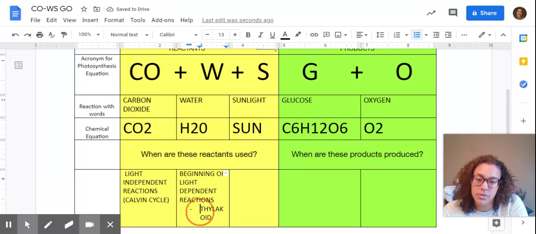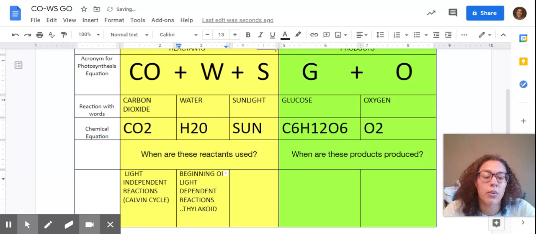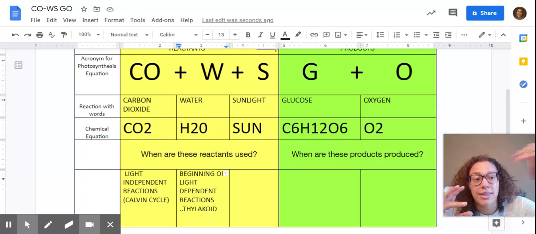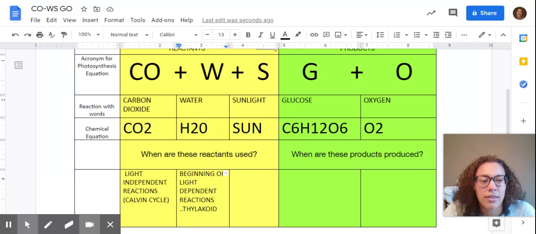So remember, in photosystem 2, water is entering, sunlight comes in and energizes the electrons and also splits water in that step.